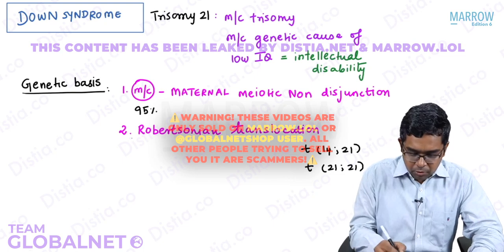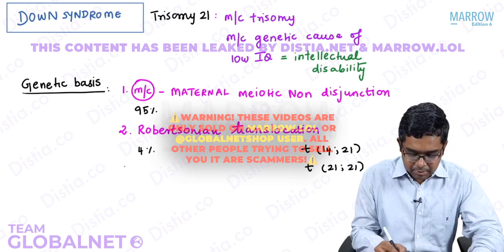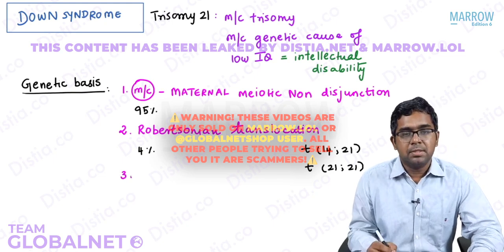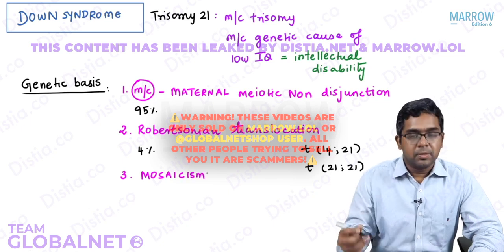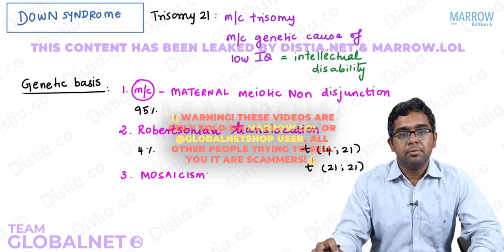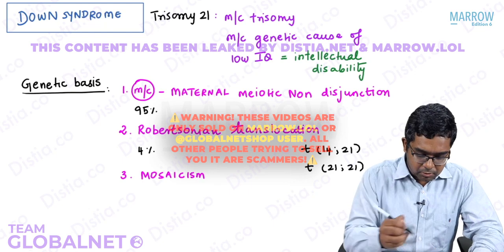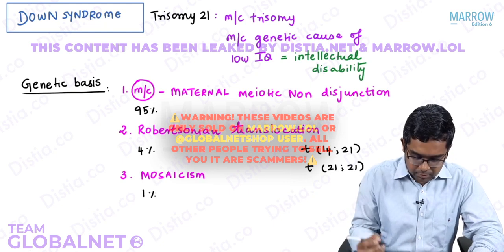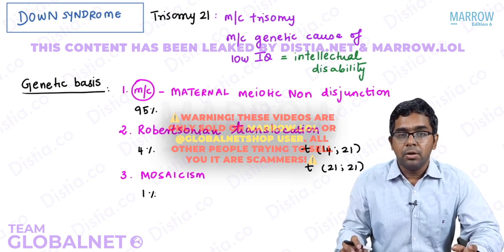This accounts for 4% of cases. And the last category, which is just 1% of cases, is called mosaicism. Mosaicism is a condition where you will have a mixture of both trisomy 21 cells as well as normal cells in that particular child. So overall, the most common genetic mechanism is maternal meiotic non-disjunction.